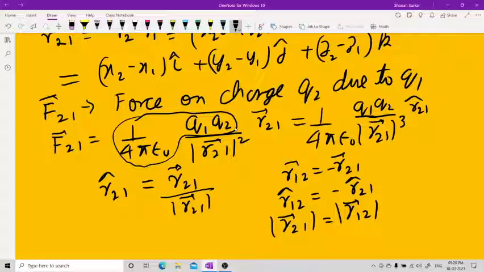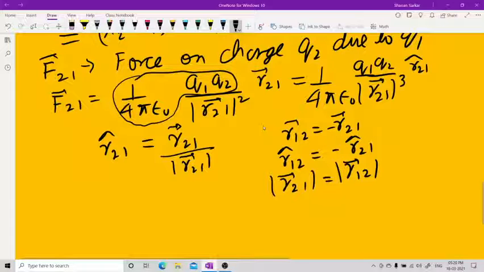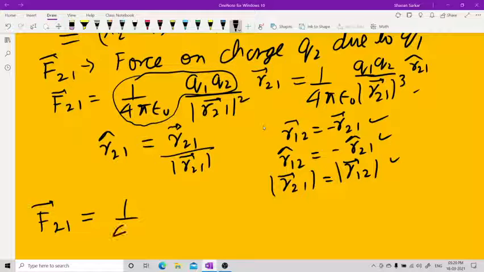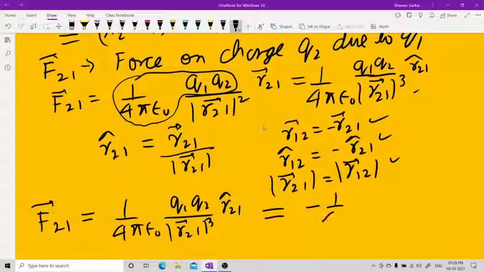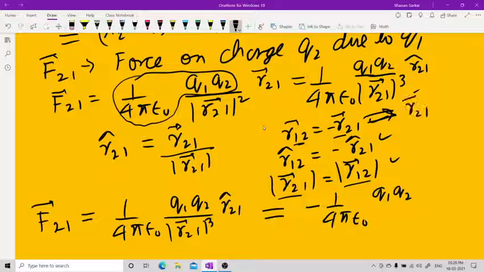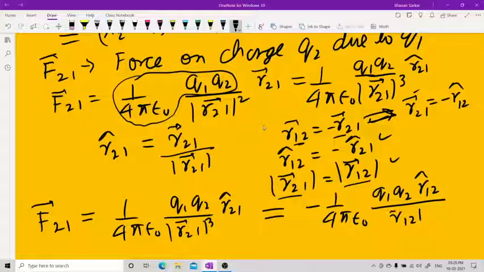If I now use these three concepts, F21 is equal to 1 by 4 pi epsilon naught q1 q2 upon r21 cube times r21 vector, which is nothing but minus 1 by 4 pi epsilon naught q1 q2 upon r12 whole cube times r12 cap.